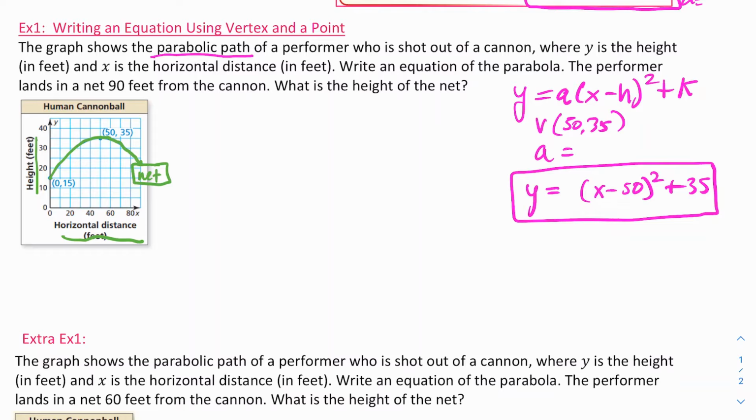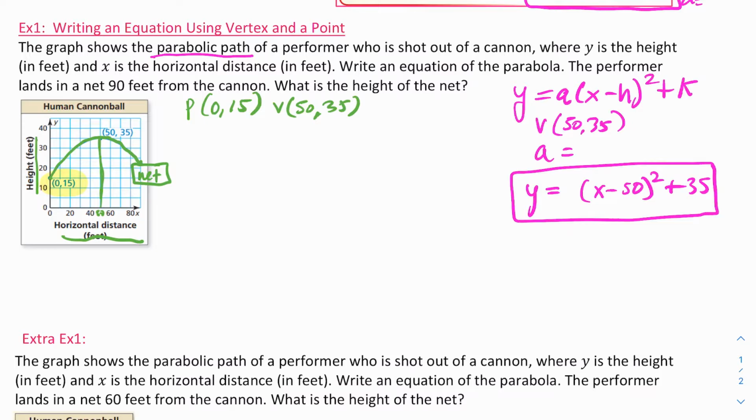So when they have flown 50 feet, they're at their highest point, which is 35 feet in the air. Now, we do know another point on the graph, which is what we need. The point on the graph, I'm going to use P for point, is 0, 15. But we also know that the vertex is at 50, 35. So we have 2 points.